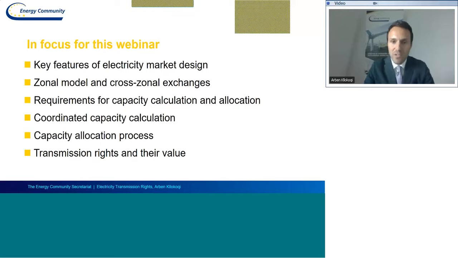Whenever we mention capacity calculation and allocation here, have in mind that we are discussing the cross-border capacity, so interconnection capacity, or as we call it more and more now, cross-zonal capacity. And then we will talk about the coordinated capacity calculation, the entire capacity allocation process, and then the transmission rights themselves. What do they represent, how are they valued, and why are they important.